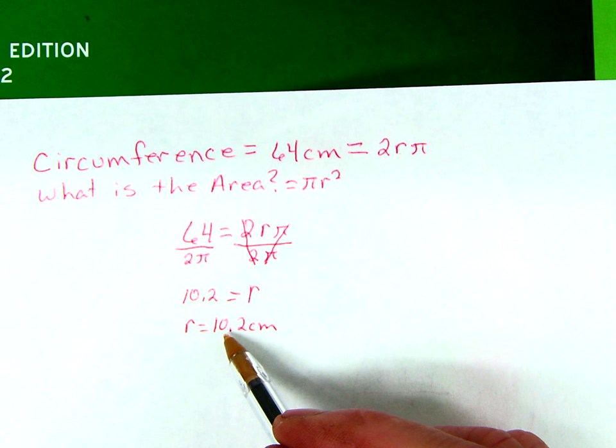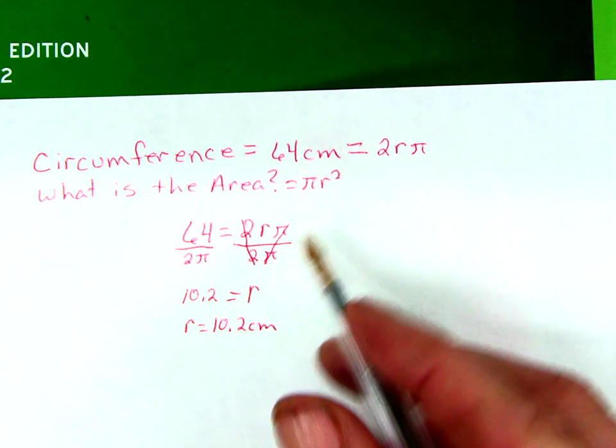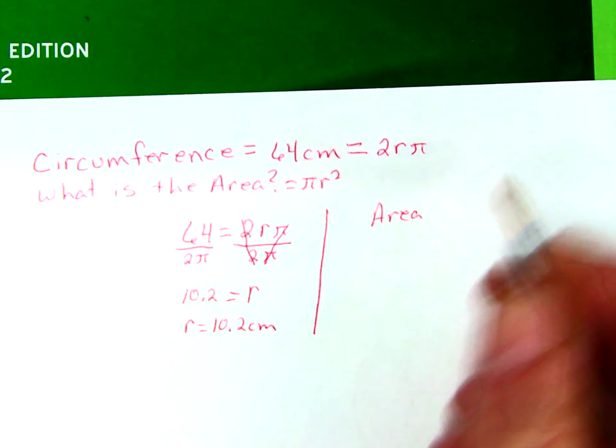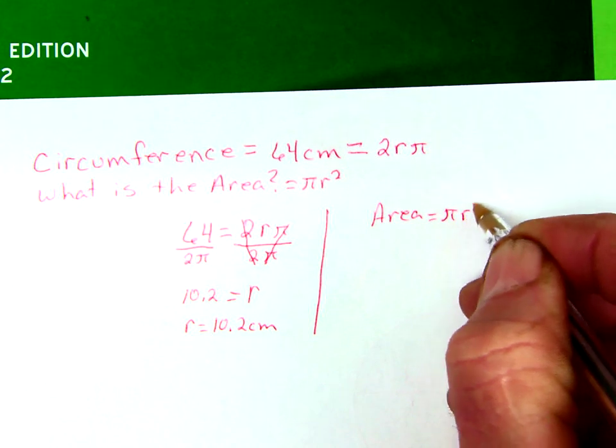Now we have an r. We solved this to get a value for r. So now the area. Pi r squared.